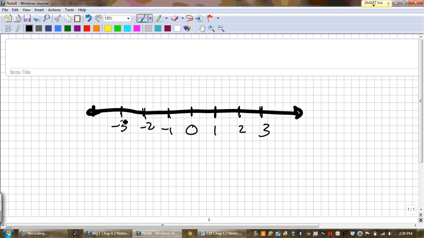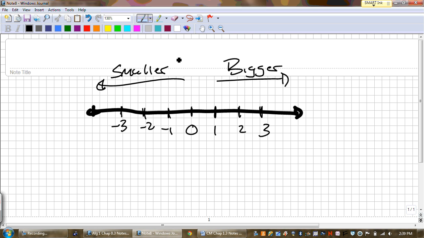There's -3. Now, if we look, numbers to the right are getting bigger. Numbers to the left are getting smaller.